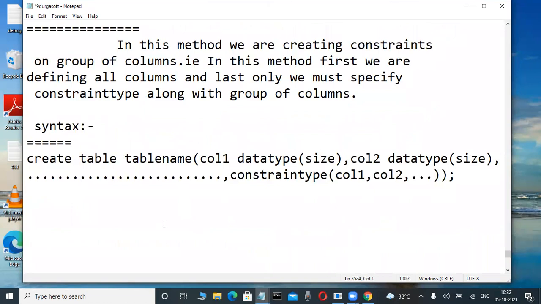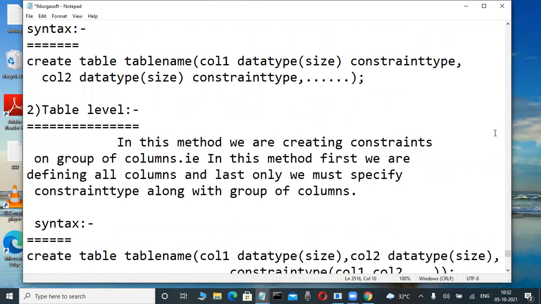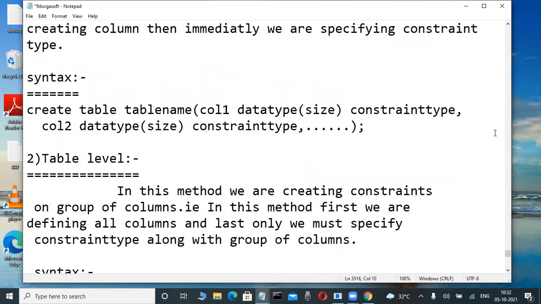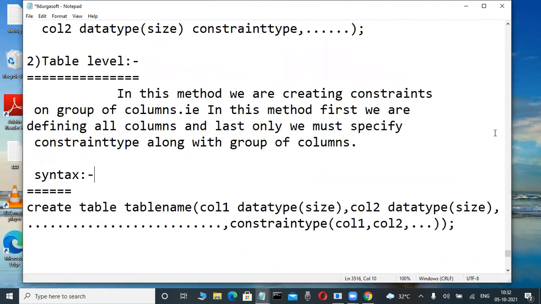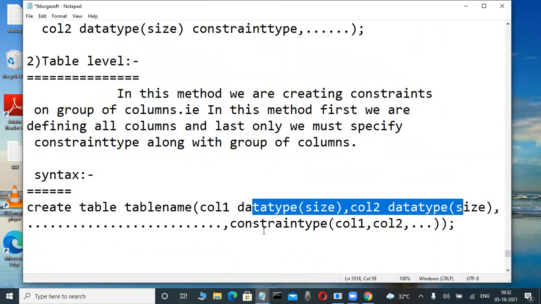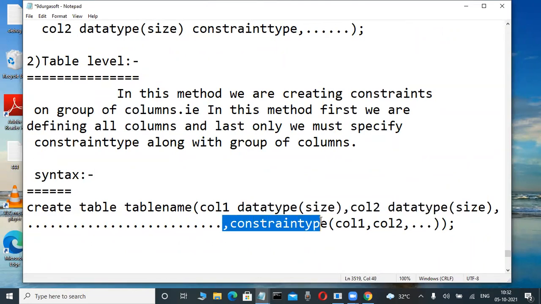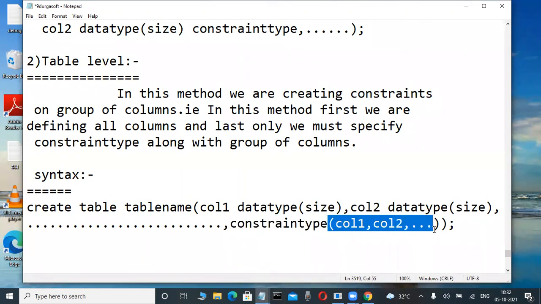This is a different syntax. First we are defining all the columns, and the last only constraint type along with group of columns.